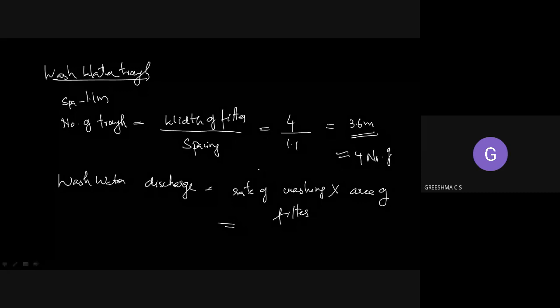So rate of washing, you can assume it as 60 centimeter per minute. Okay, you can assume the rate of washing as 60 centimeter. So tell me how much is the water? എത്രത്തോളം വെള്ളം അവിടെ വരും എന്ന് അറിയുന്നത്. So tell me the answer, please.